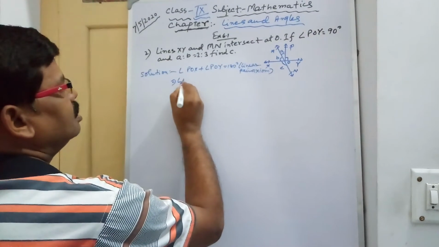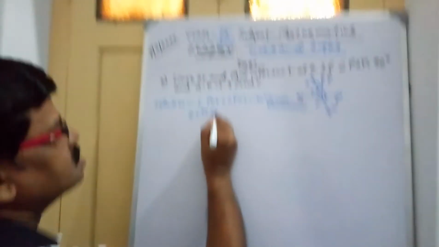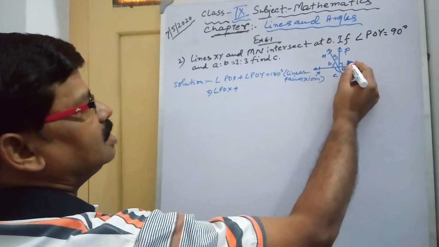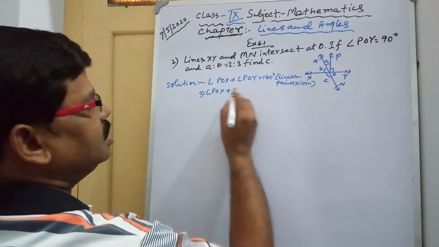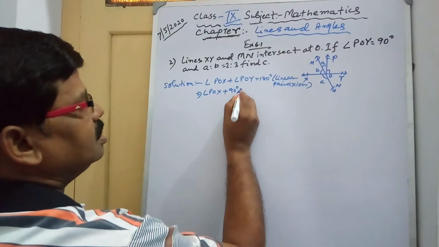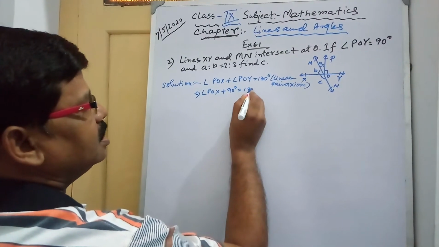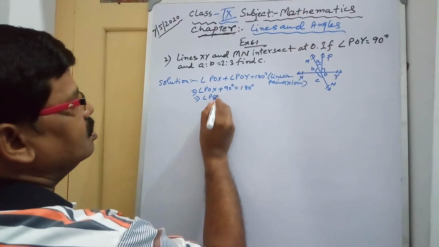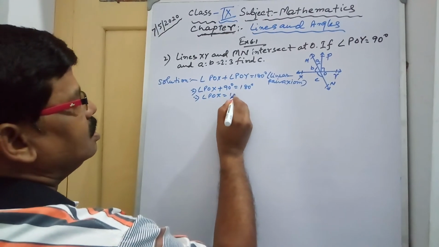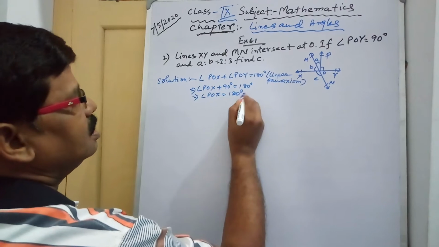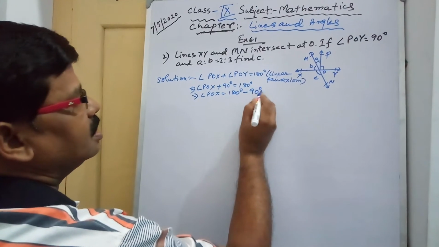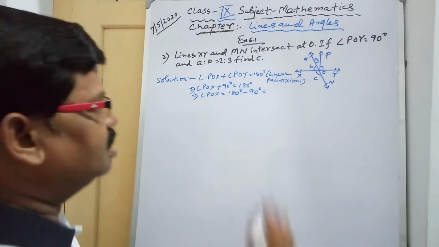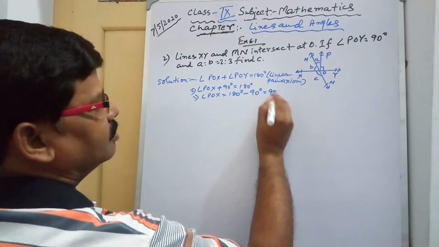Angle POX plus angle POY, the value is given, 90 degrees. So 90 degrees plus angle POX equals 180 degrees. Angle POX equals 180 degrees minus 90 degrees. Subtract it, we get the value 90 degrees.